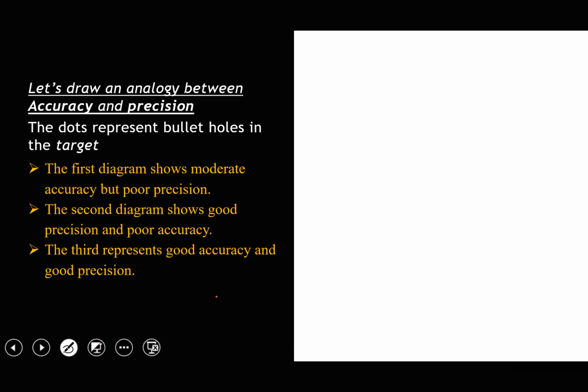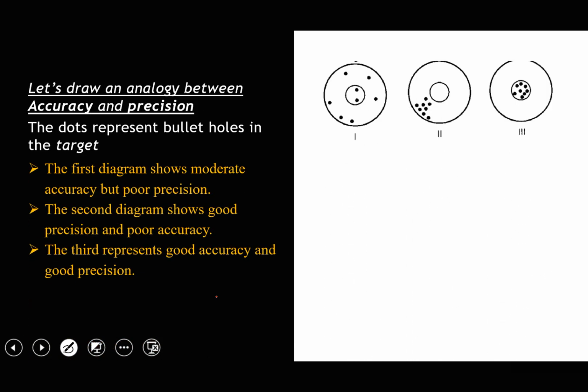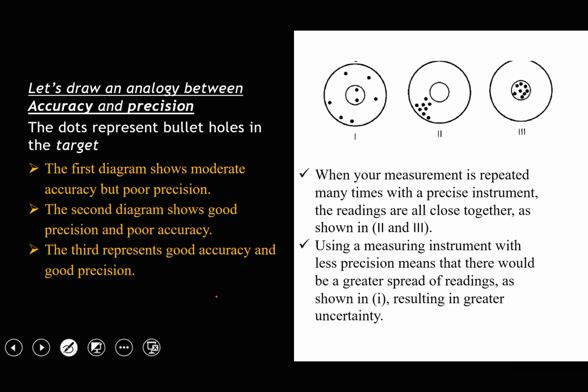Many of you play darts or have played darts. I want us to use a simpler analogy here. Number one, we have 3 demonstrations here. We are going to call the inner circle here the target. Attempt 1, attempt 2, and attempt 3.